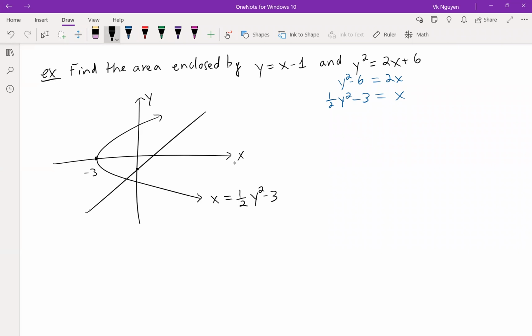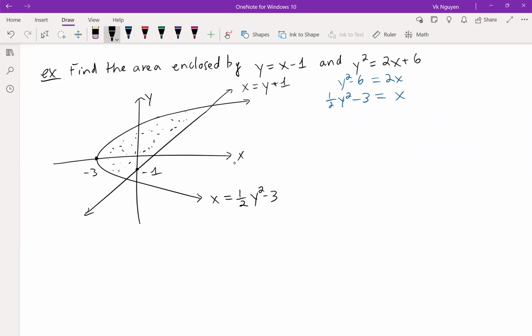I just have to extend the parabola this way so we can see the bounded area. And y equals x minus 1 can be rewritten as x equals y plus 1. So this is the bounded area right here.